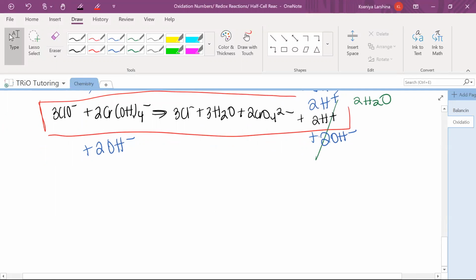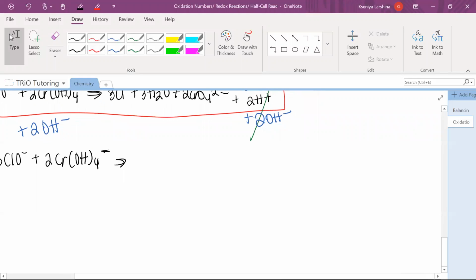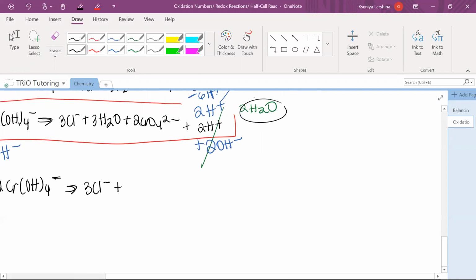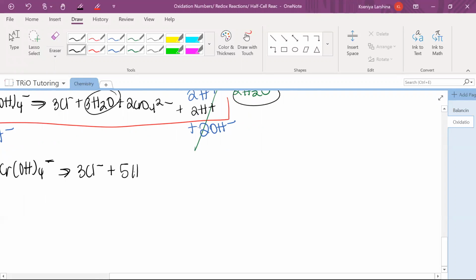So now you would have 3ClO negative plus 2CrOH4 negative going into 3Cl negative plus 5 H2O, because of these waters plus 3, plus 2CrO4 2 negative.